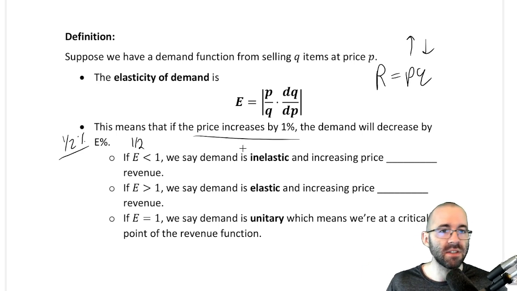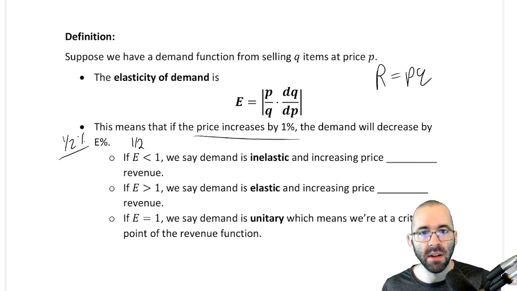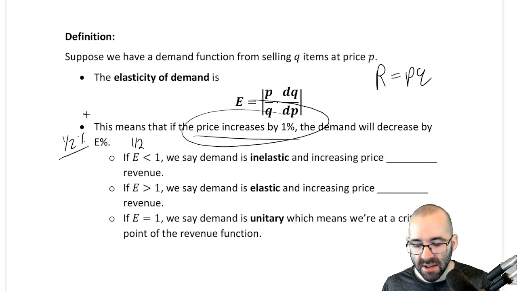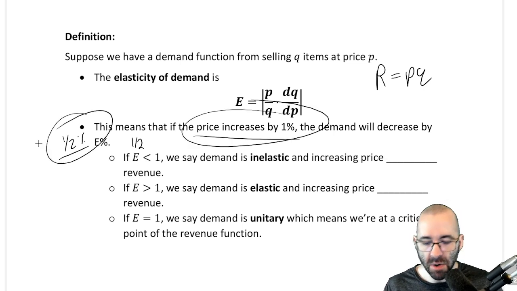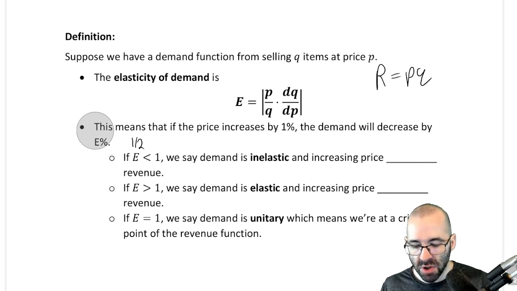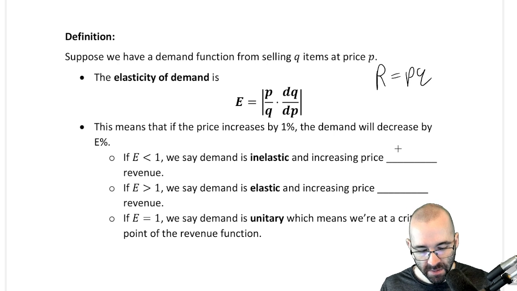If the decrease is faster, then we want to decrease it. So here, if E is less than 1, the word we say is demand is inelastic. And that looks like price is increasing faster than demand is decreasing. So in this case, we want to increase price. So increasing price increases revenue.